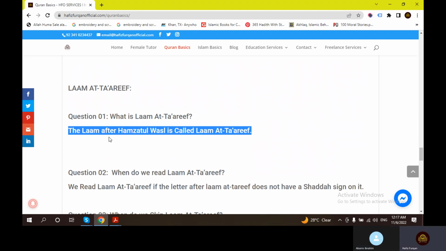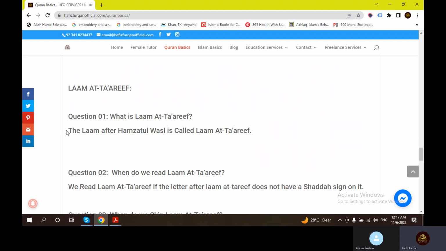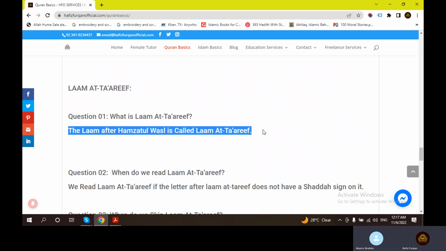The Lam. Can you see the screen? Yes. Answer me. What is Lam at-Tarif? The Lam after Hamzatul Wasal is called Lam at-Tarif. The Lam after Hamzatul Wasal is called Lam at-Tarif.